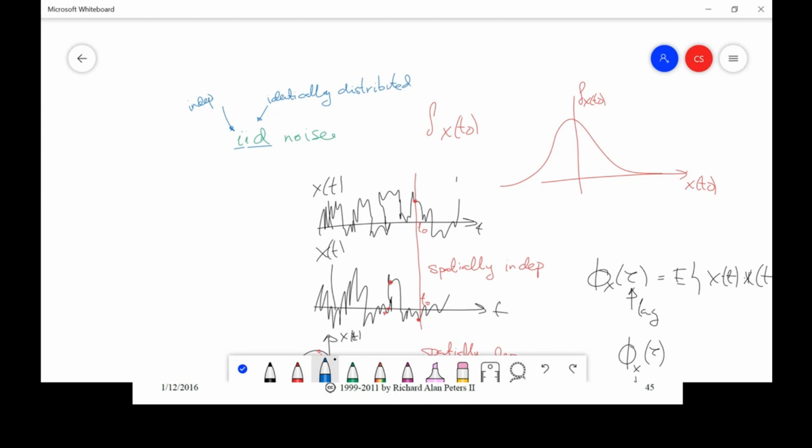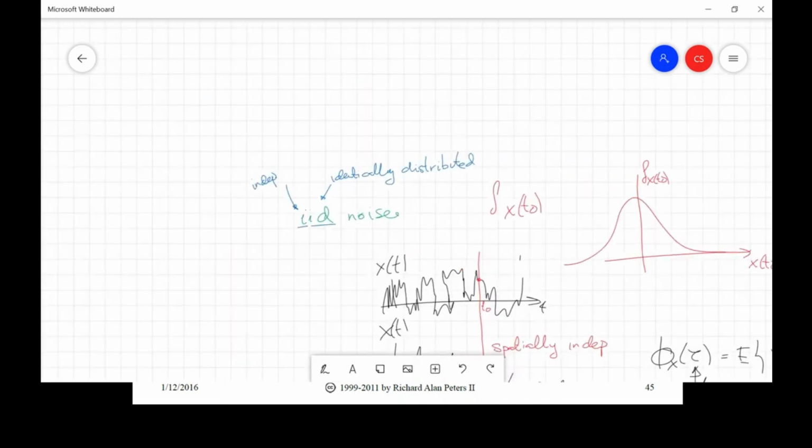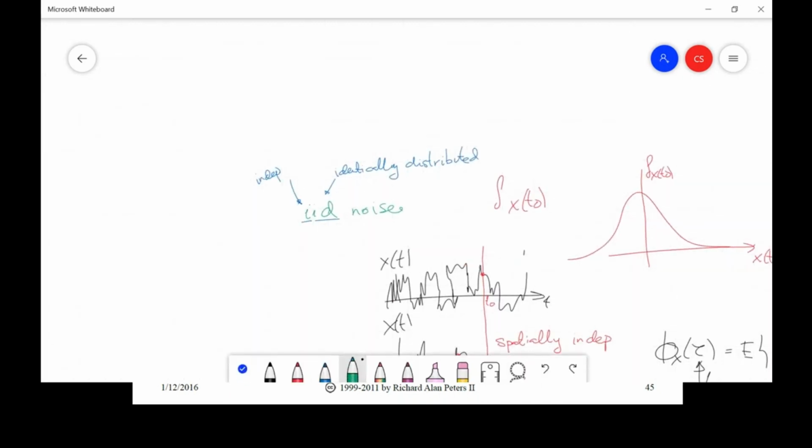The independence is referring to the autocorrelation, while the identically distributed is referring to the distribution of those pixels.